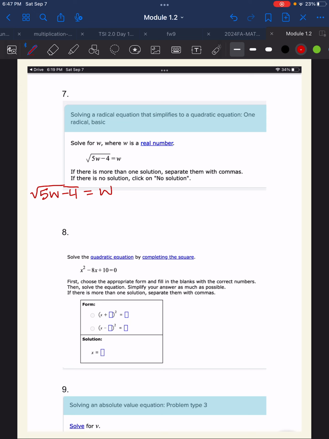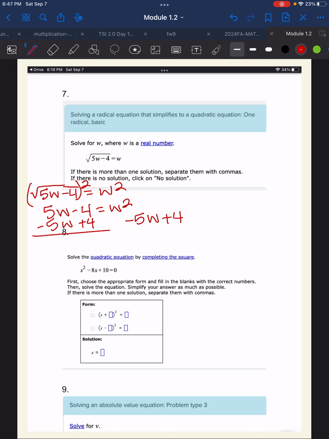If I want to get rid of that square root, square. Now you're left with 5W minus 4 equals W squared. But I still want W by itself. So I'm going to move this over to this side.